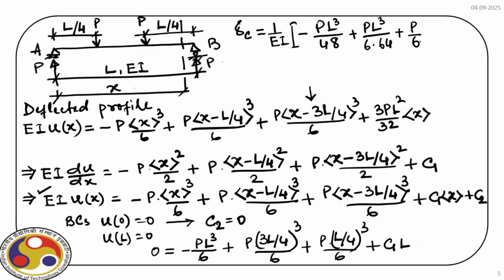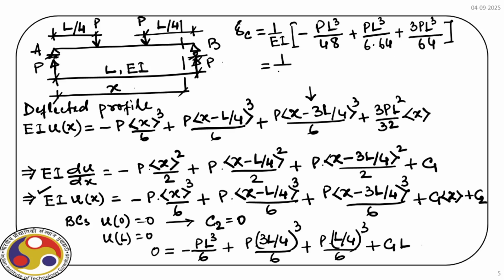So P by 6 times 0. Then the last term we have 3PL square times L by 2. So 3PL cube divided by 64.